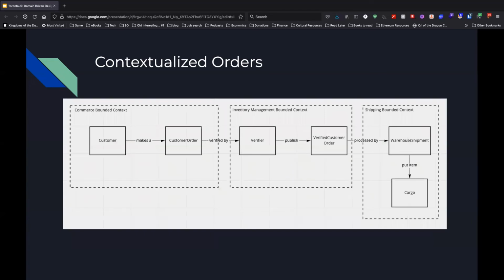So if we were to go back to the order example and just to contextualize it, right? Let's give some boundaries over them. We can imagine that there can be a commerce boundary. So this side is the commerce, and then another side is about inventory management, and this side is about shipping. Right? And you can imagine different teams and different departments dealing with only one, or hopefully only one, of these bounded contexts, right?